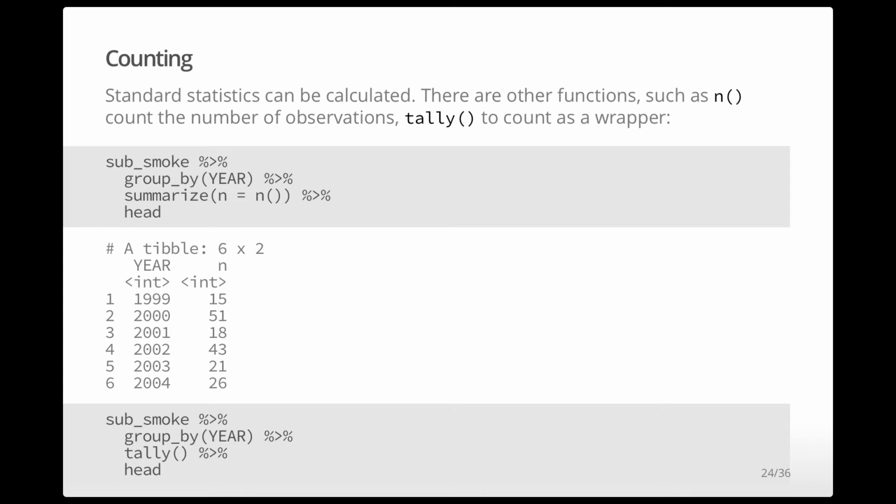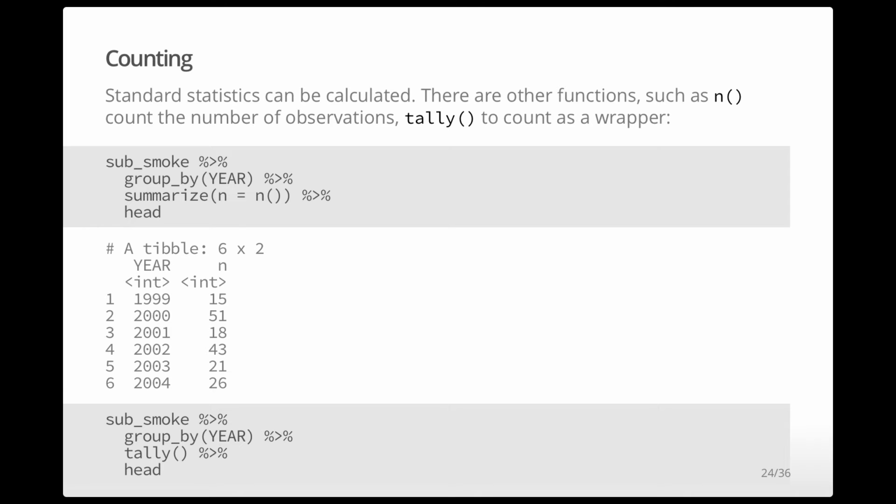In this case, we grouped it by year. Tally will do that, but it's a shortcut for essentially summarize, where n is equal to this n function. So n with parentheses counts things. So how many are there? We group it by year, we use summarize.